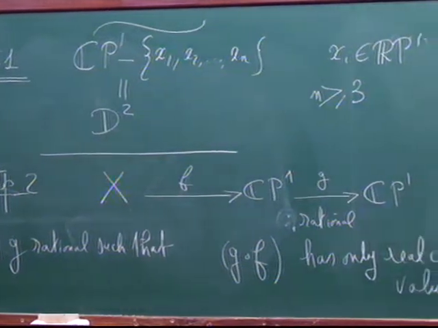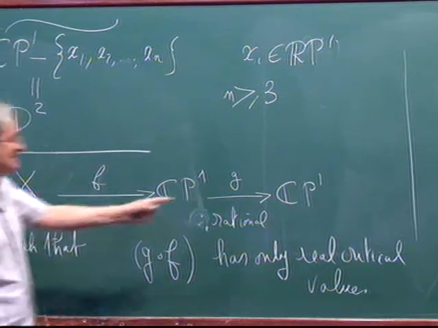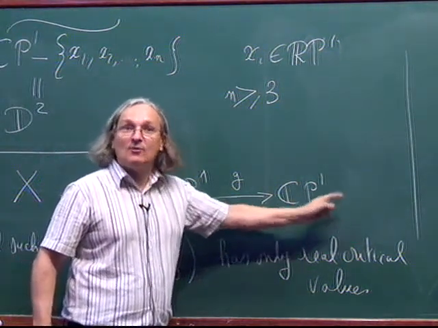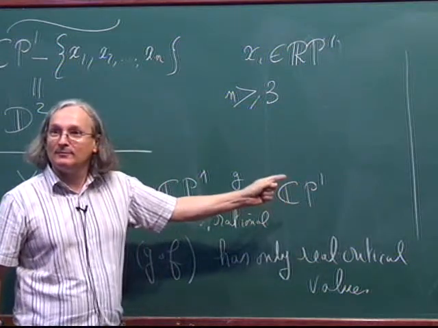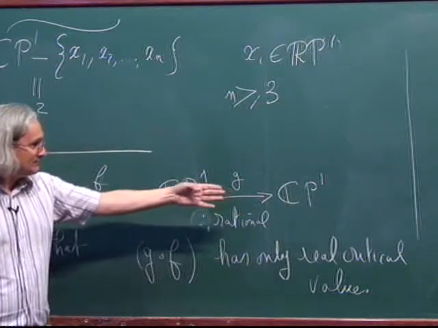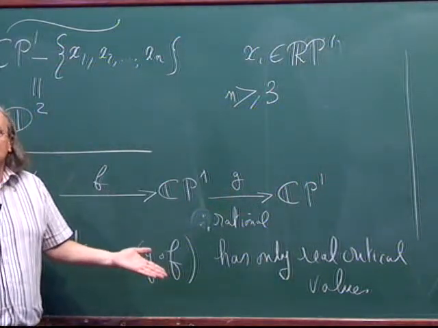So said in another way, that means that you can delete from CP1 a finite set of real points such that away from this finite set of real points, you have no more critical points.